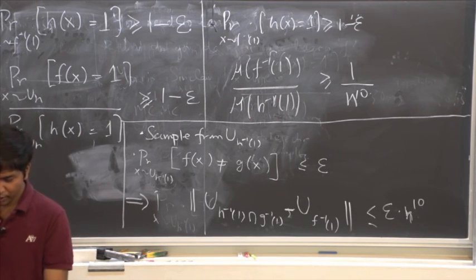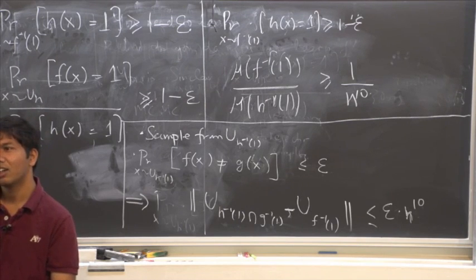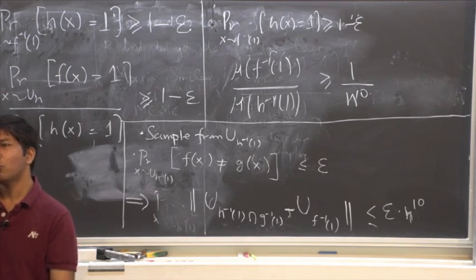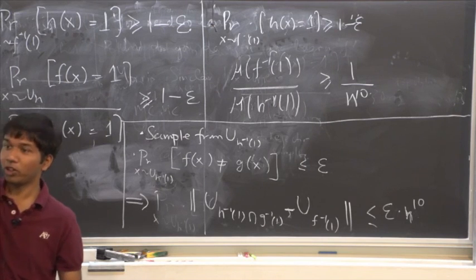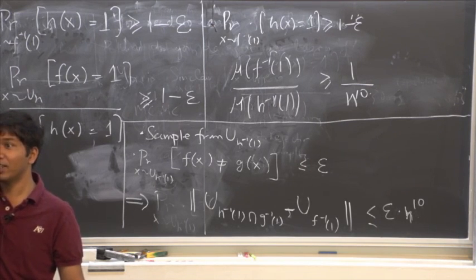Because it doesn't really matter what you got at the beginning. I mean, later you will get... No, but I did use the fact that the points you got were uniform on F inverse 1. What if I gave you points which are all from F inverse 1 but are adversarially chosen?